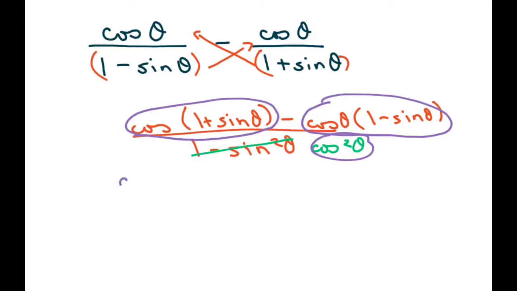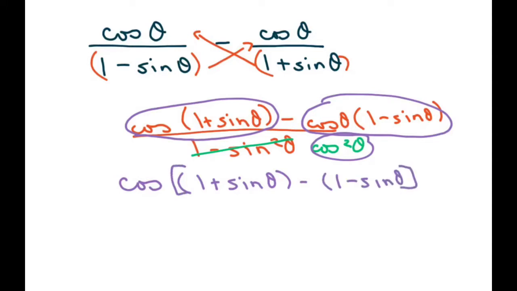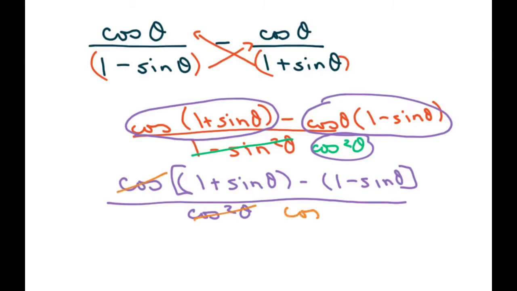Let's just do it that way. If I factor out a cosine, I'm going to get 1 plus sine minus 1 minus sine. And then put the cosine squared underneath. So basically, the cosine goes into cosine squared once.